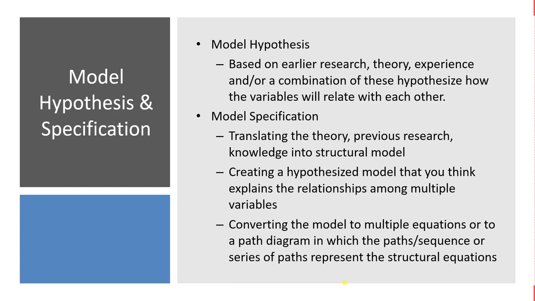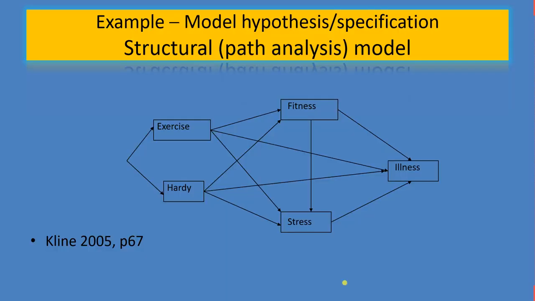So developing that path diagram or developing those simultaneous structural relationship equations may be considered, in a very crude sense, model specification. So creating a hypothesized model that we think explains the relationship among multiple variables, we define which variable will relate with which variable.